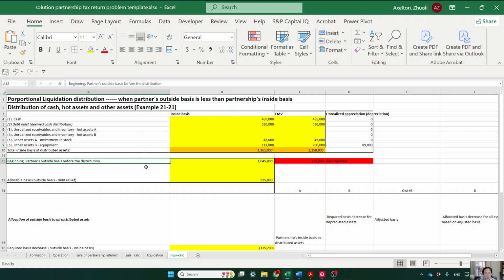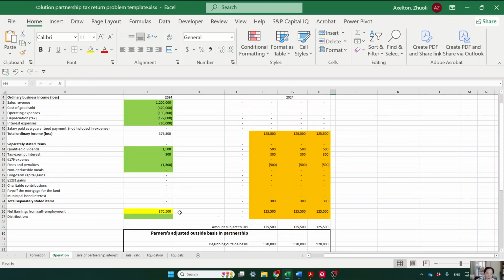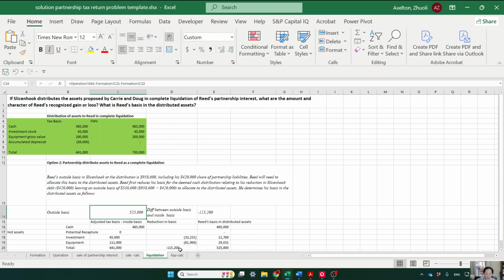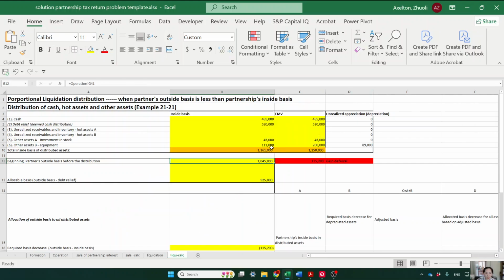So the first thing we see is: what is the partner's outside basis before the distribution? This is the same as the operation tab, which we already calculated. In this tab, the outside basis before the distribution is 1,045,800. So that's already done. And what's the inside basis of the distributed assets? This is a little bit confusing, and I think it often trips people up.